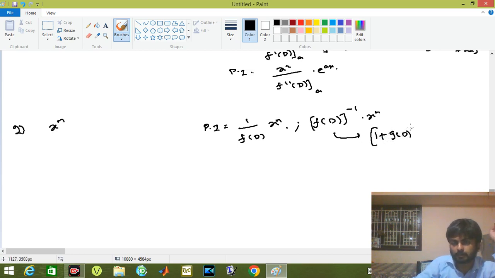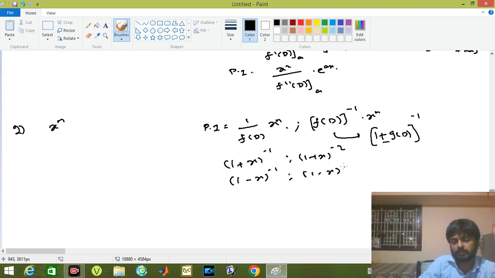Because from this you can get a binomial expansion, 1 plus x whole power minus 1. Suppose if you are having minus here, you can take 1 minus x whole power minus 1, and 1 plus x whole power minus 2, and 1 minus x whole power minus 2. Here you will have the functions of D.